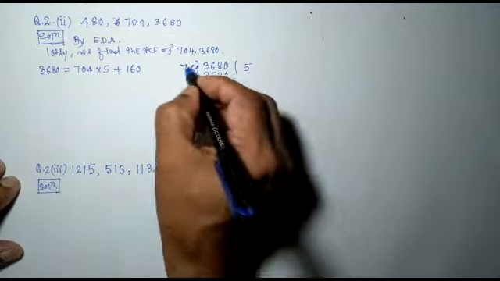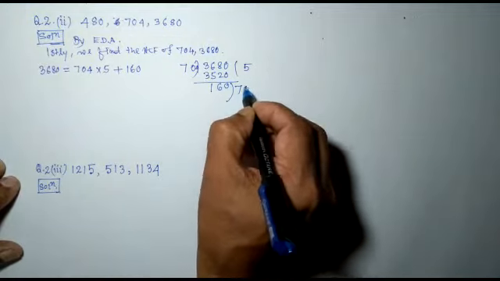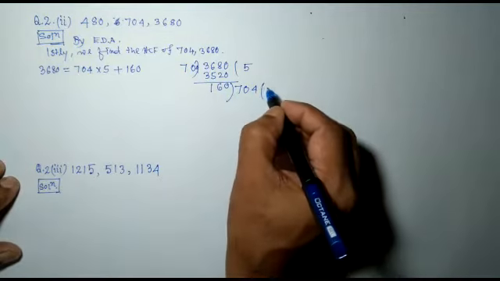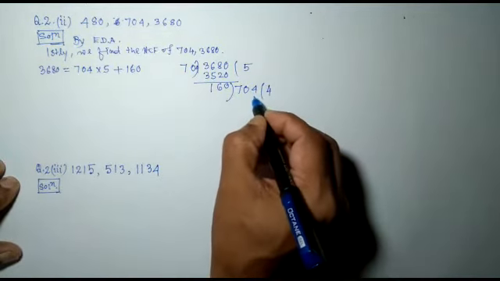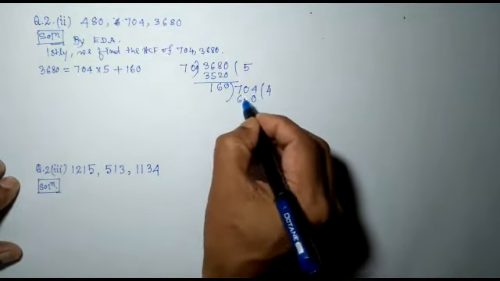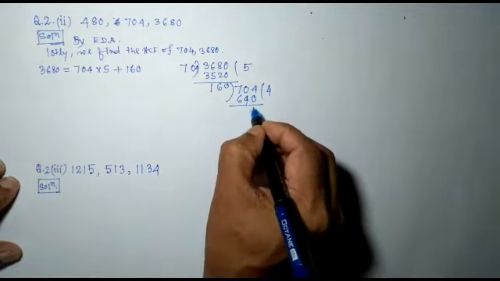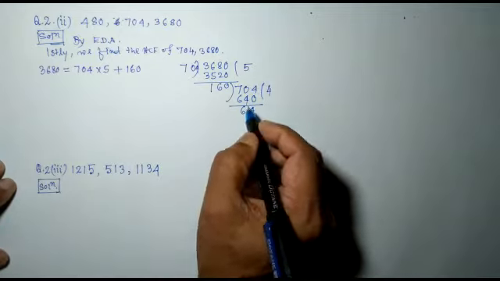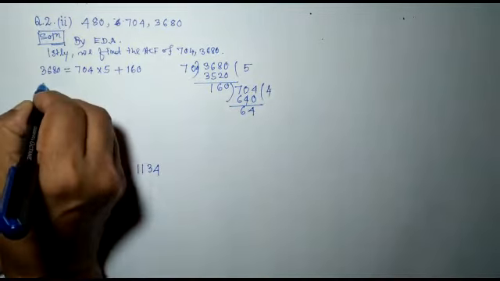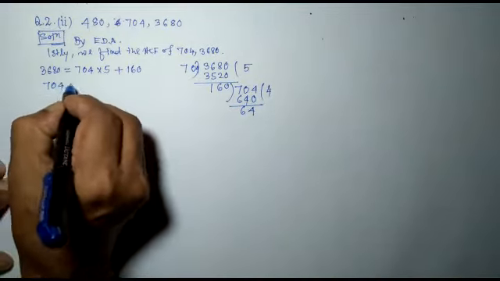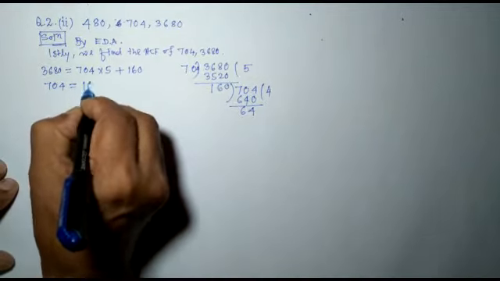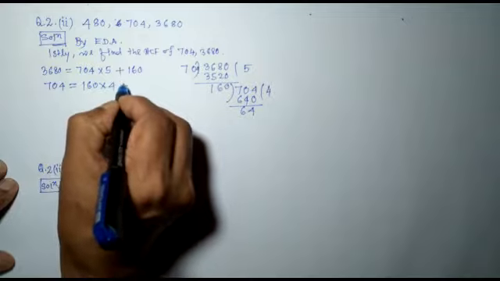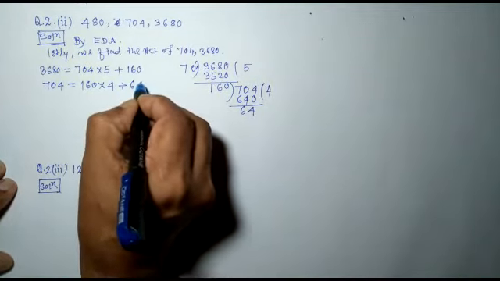We continue the division. We take this 704 divided by 160. It can be 4 times, 4 times 40, then 64. Subtracting, we get 64. We write for this division, the dividend 704 is equal to the divisor 160 into quotient 4 plus remainder 64.